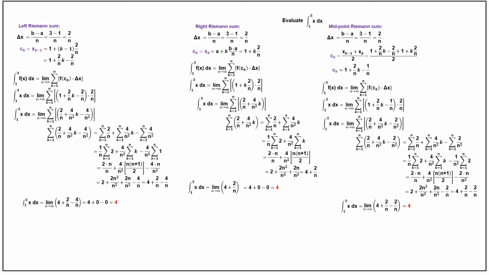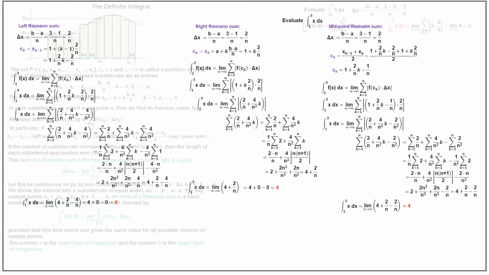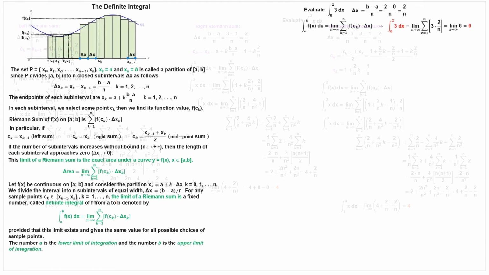You should recall we first learned of derivatives through limits and then learned rules that made the process simpler. We just learned a way to evaluate a definite integral using limits. In the next video, we will see how the fundamental theorem of calculus makes the process simpler.